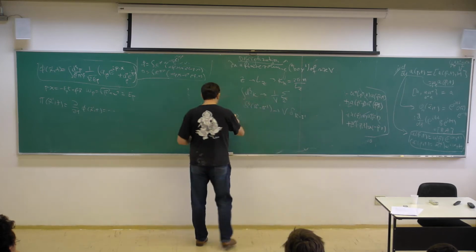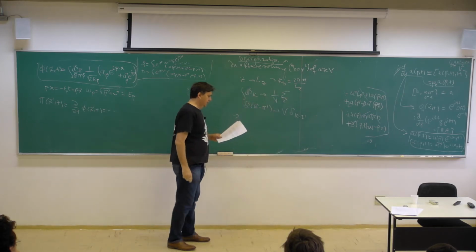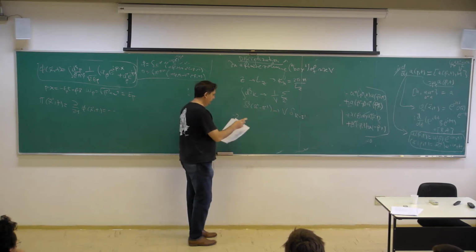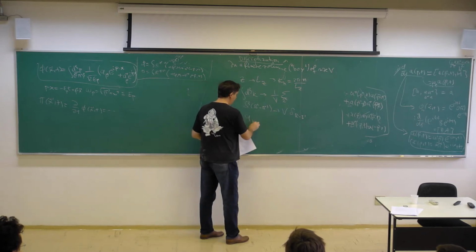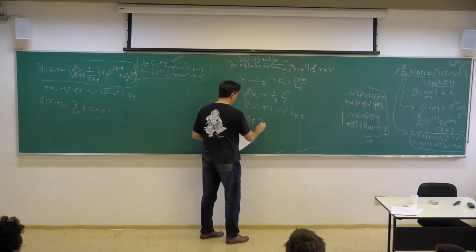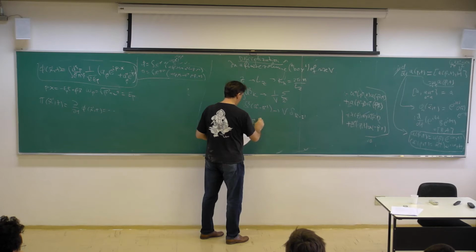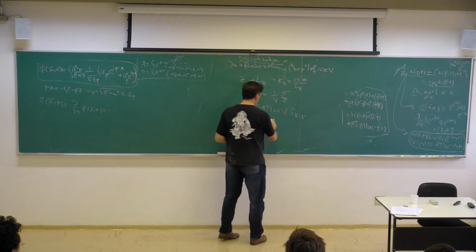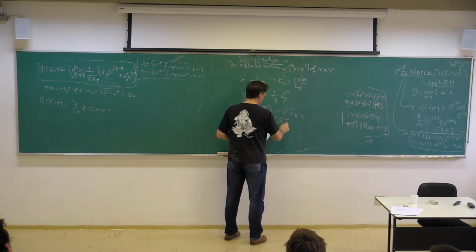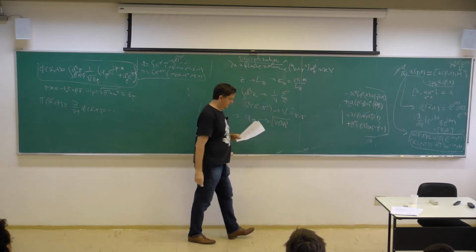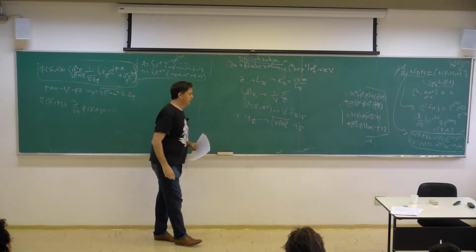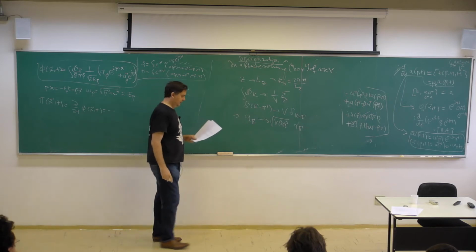However, we still need to do a redefinition in order to avoid some annoying factors. I'll redefine my oscillators a and a dagger with respect to the volume and some 2 pi's. So I'll write this as square root of V times 2 pi cubed times an alpha.